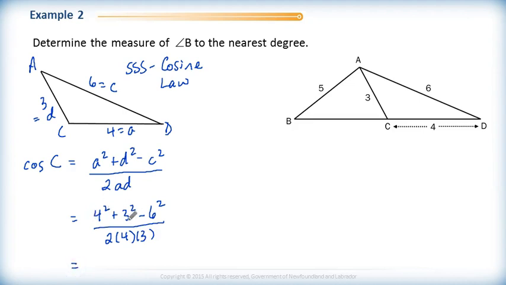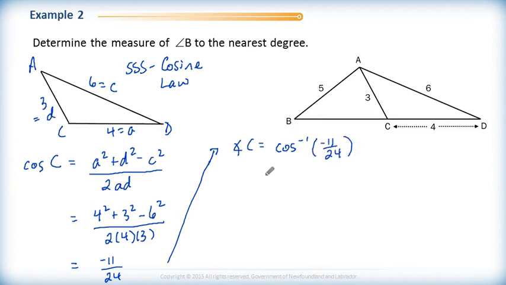4 squared is 16, plus 3 squared is 9 is 25, minus 36 gives us negative 11 over 2 times 4 times 3, that's 24. So that gives us cosine of angle C is negative 11 over 24, so angle C is equal to the inverse cosine of negative 11 over 24. Which gives us an angle of 117, well, we're going to the nearest degree, so 117 degrees.